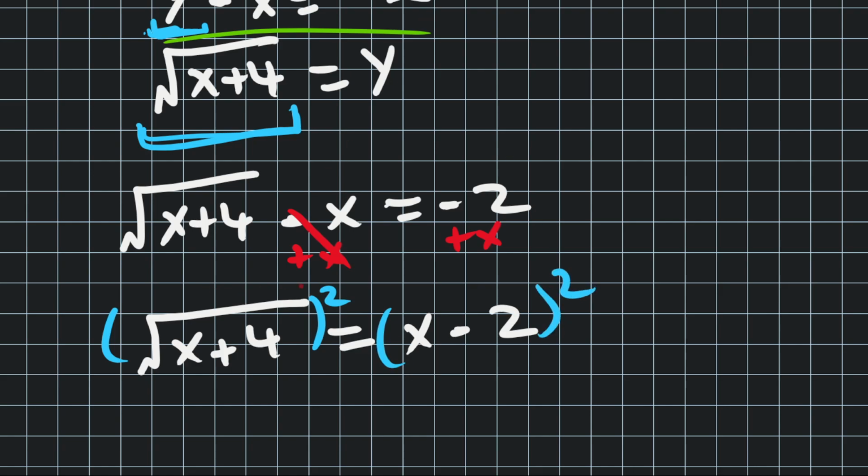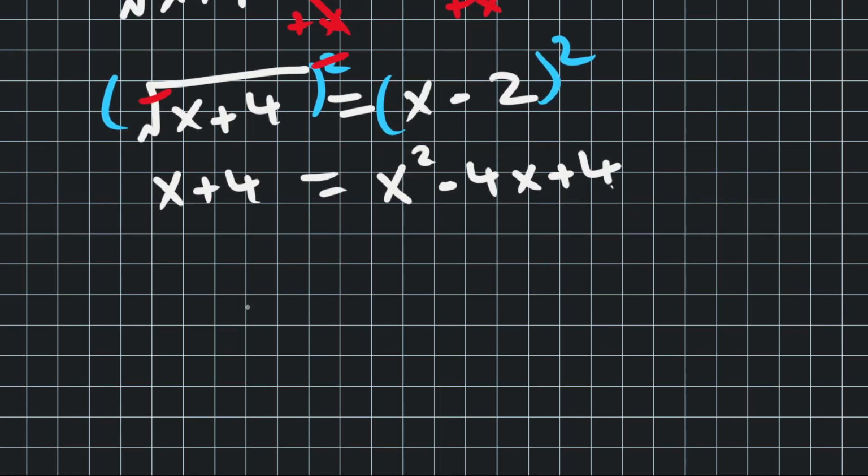And squaring a radical will get rid of it, so the radical and the square will cancel out. We are left with x plus 4 equals, and then you have x minus 2 squared. So you have a binomial squared. You can use FOIL to multiply this out, but if you do, this comes out to x squared minus 4x plus 4. Great. And let's keep going.